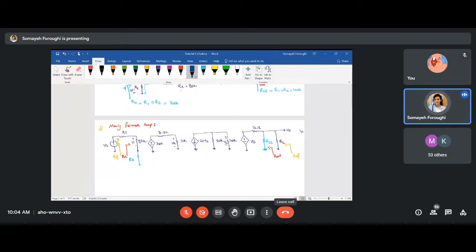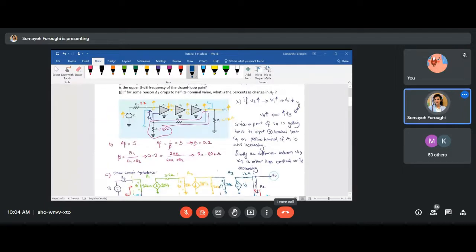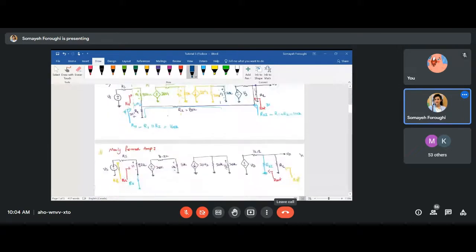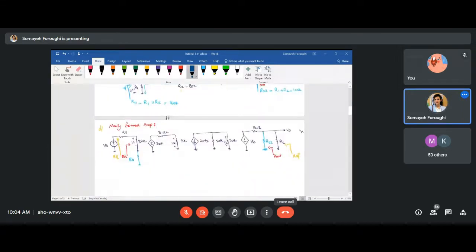First of all, if I want to find the voltage gain, I'm going to form the A like a chain rule.